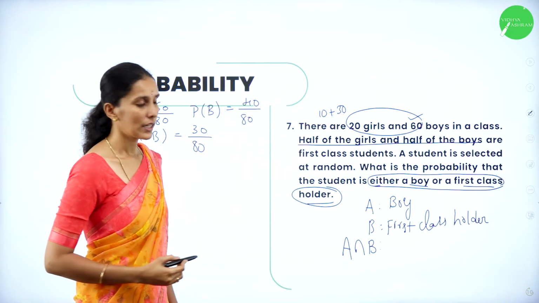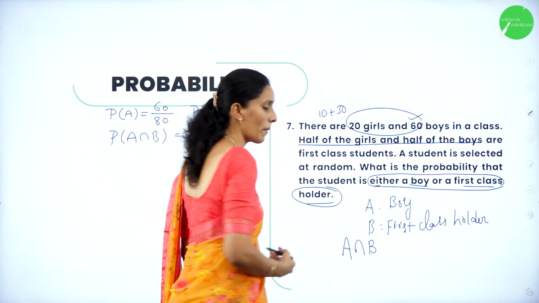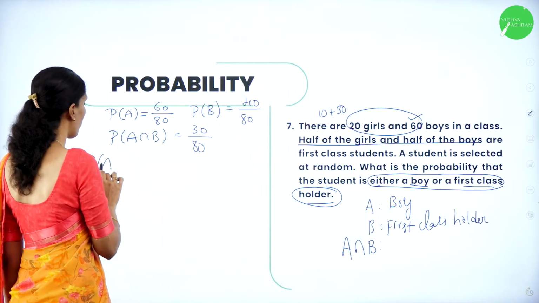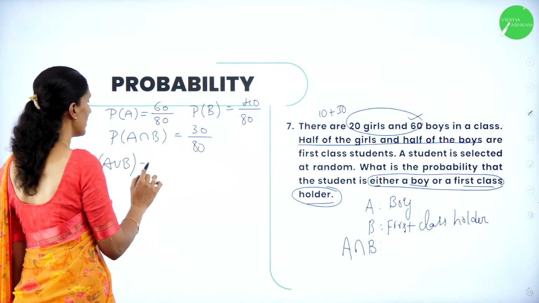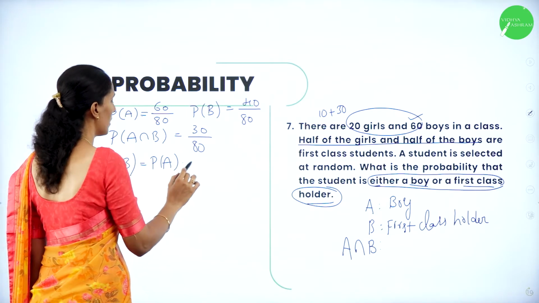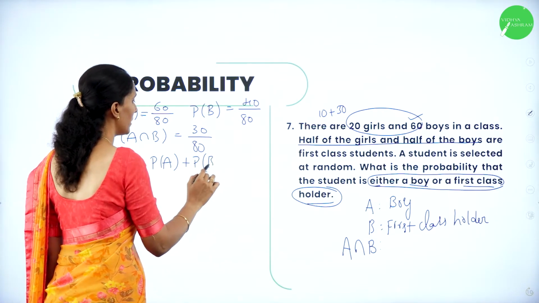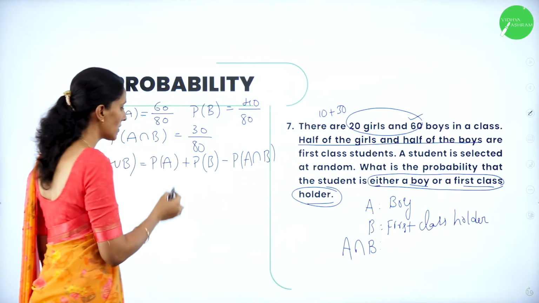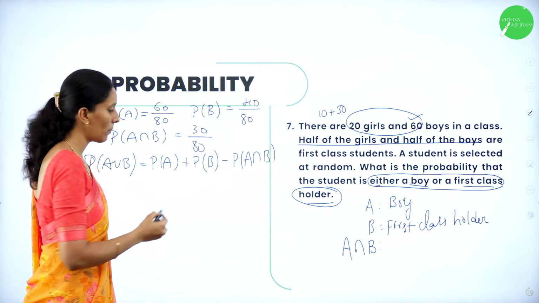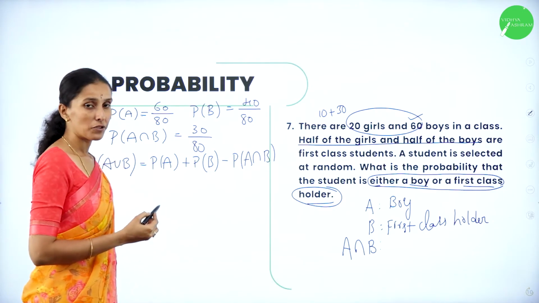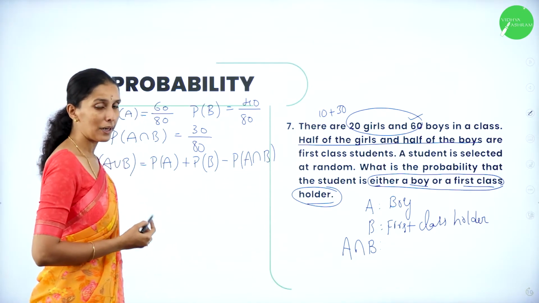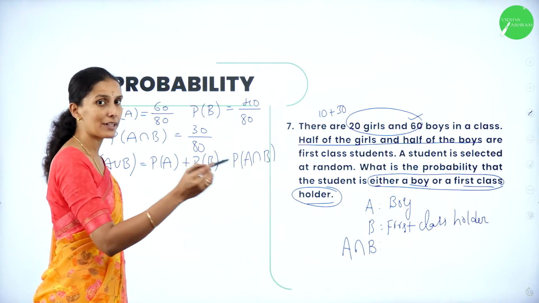Now clearly, using the formula, I can find the probability of A or B. Therefore, the probability of A union B is P of A plus P of B minus P of A intersection B. A is the probability of choosing a boy, B is the probability of choosing a first class holder, and A intersection B means the probability of choosing a boy and first class holder.